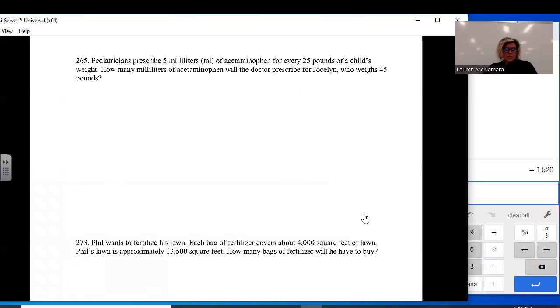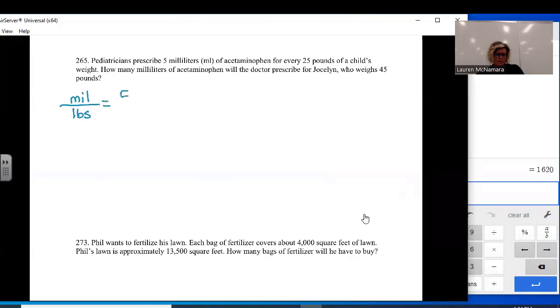The pediatricians prescribe 5 milliliters of acetaminophen for every 25 pounds of a child's weight. How many milliliters of acetaminophen will the doctor prescribe for Jocelyn, who weighs 45 pounds? All right, I'm going to start here with milliliters over pounds.